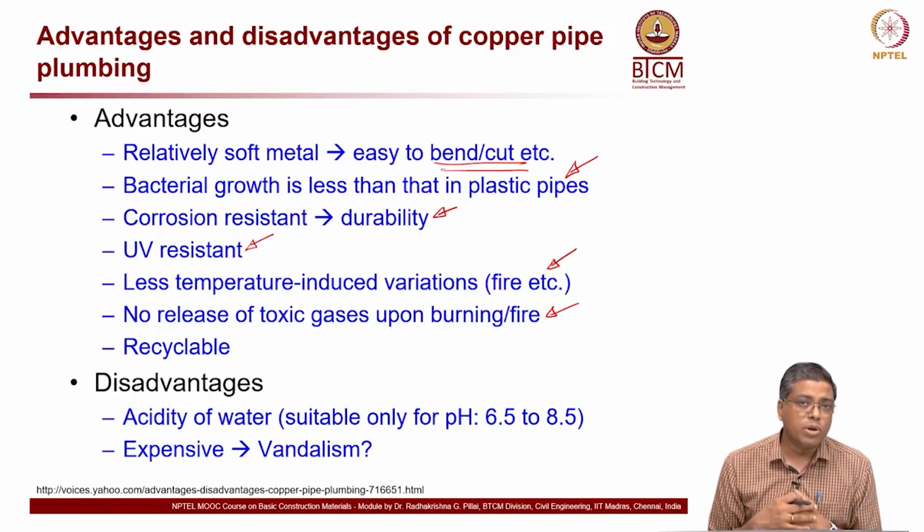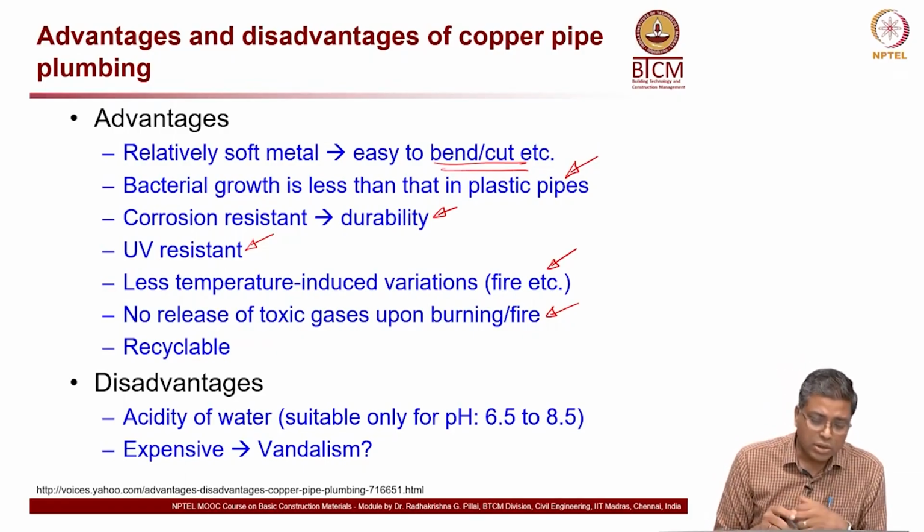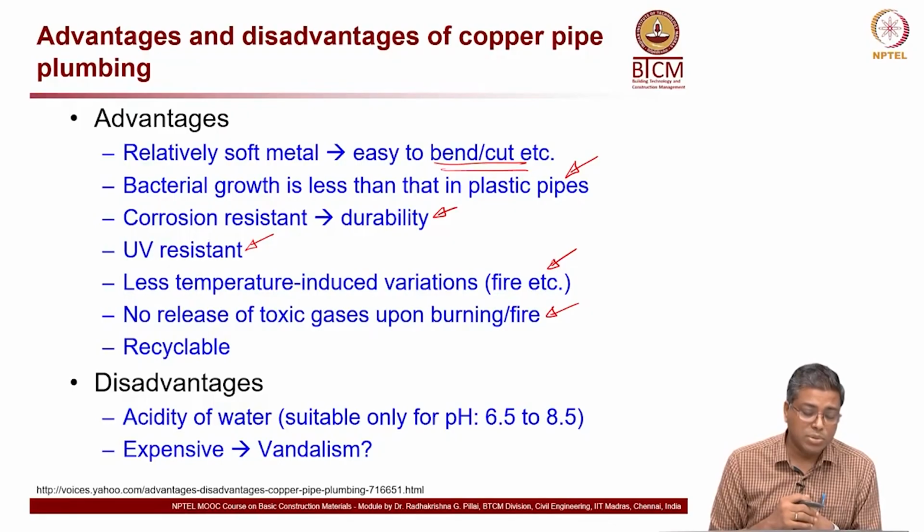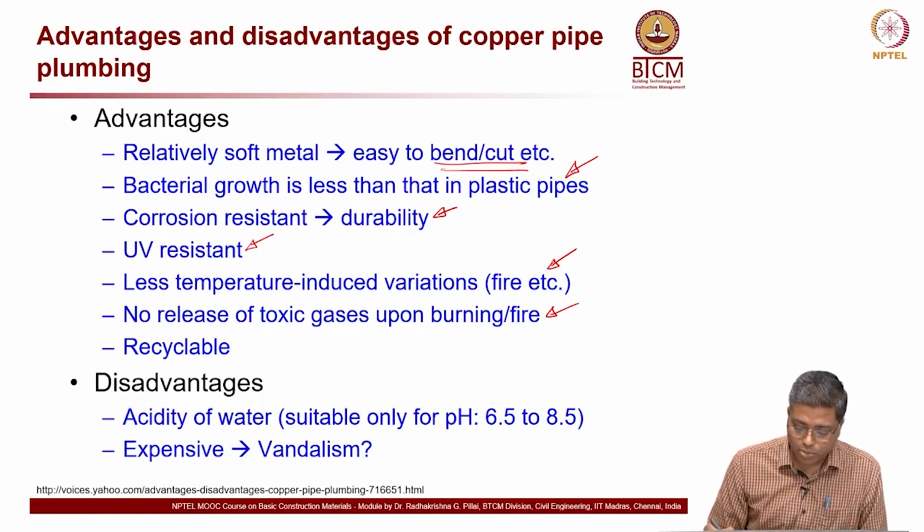But in the case of copper pipe, you do not have to worry about such toxic gases. And copper, being a metal, is easy to recycle and reuse for making the same thing. But if you have plastics, especially thermoset plastics, then you cannot really reuse them. So, that also adds value to sustainability, as you can actually recycle copper pipes.